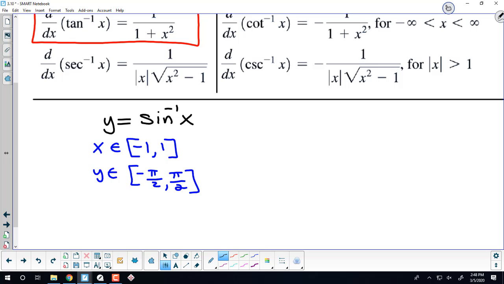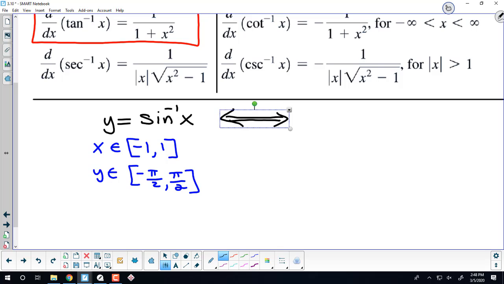Okay, and so let's say we don't know the derivative of inverse sine, but I can rewrite this equation. y is the inverse sine of x. That equation is equivalent to what? How could I rewrite that in terms of something I already know the derivative of?